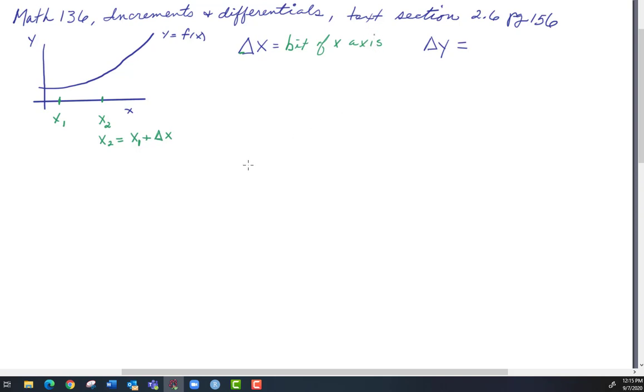Now delta y would be the change in y as x moves from x1 to x2. So that change I could write as f of x1 plus delta x minus f of x1.